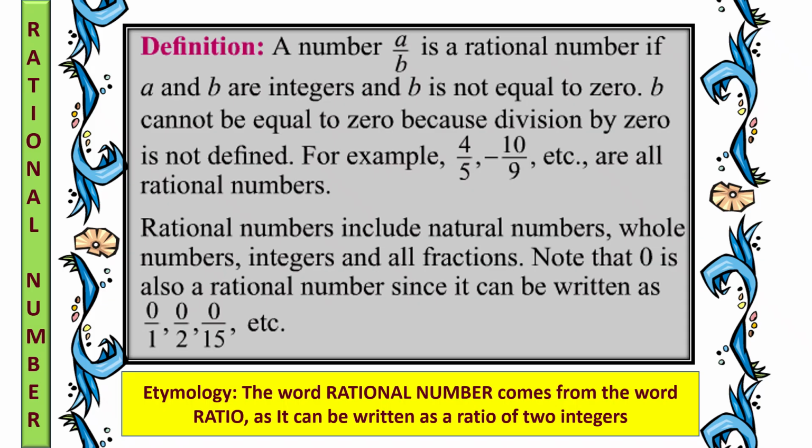For example, 4/5, -10/9, etc. Rational numbers include all the natural numbers, whole numbers, integers, and all fractions, decimals, etc. as we have studied. Note that 0 is also a rational number because it can be written as 0/1, 0/2, 0/3, etc.